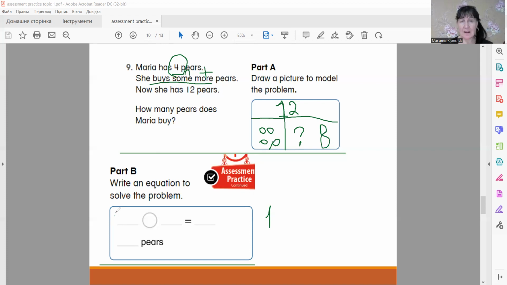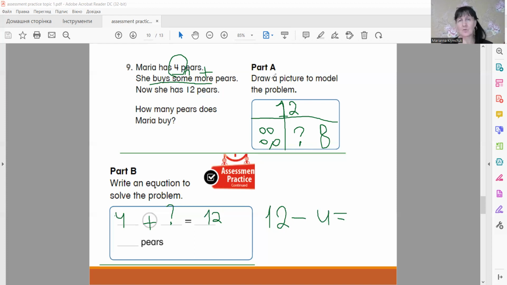We write what we see, we write 4 plus how many more? 4 plus missing number equals 12. And then you count and you tell me what is the missing number. But also you can do 12 minus 4. Use related fact. The same, 12 minus 4 equals how many?